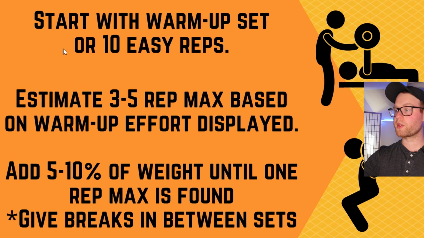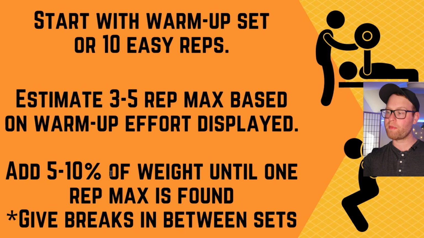Anyway, for the max squat and bench press, I'm going to oversimplify this whole process, but basically you want to start both of those off with 10 easy reps or a warm-up set. From there, you're going to estimate a 3 to 5 rep max based on the warm-up set effort displayed. Once you have the client in that 3 to 5 rep max range, then you're going to add an additional 5 to 10% of weight until 1 rep max is found.